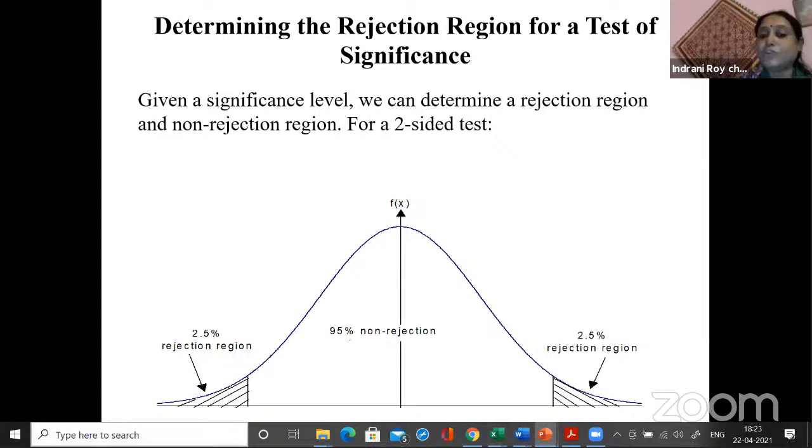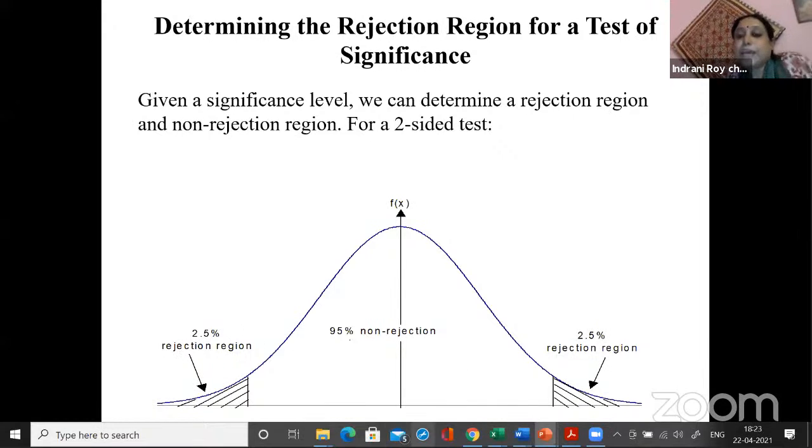And given that your distribution is a symmetric distribution, your critical region lies on both sides of the tail of the T distribution. So you can see this shaded region on the right hand side, and the shaded region on the left hand side together constitute 5%. So 2.5% here, 2.5% here.